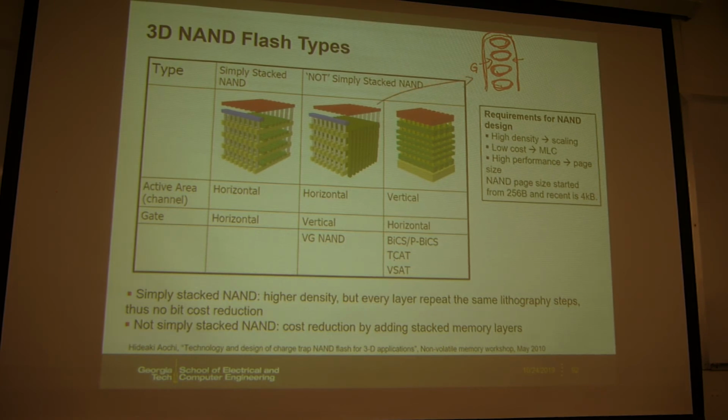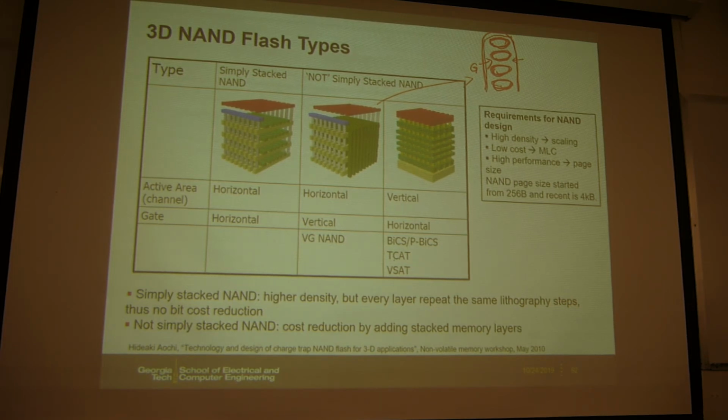And then the second one is called the vertical channel 3D NAND. In this case, the channel is vertical, like a vertical nanowire. And in this case, the gate is horizontal.